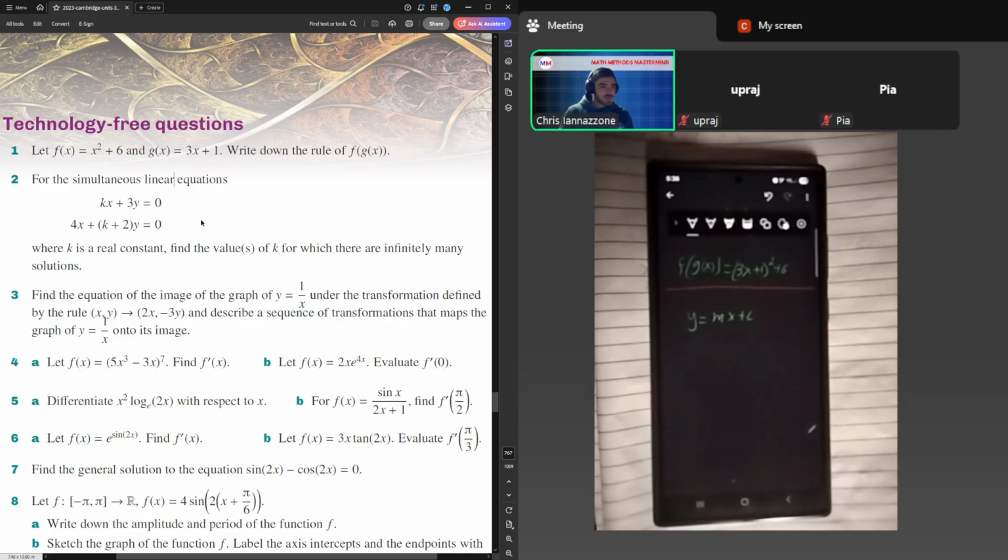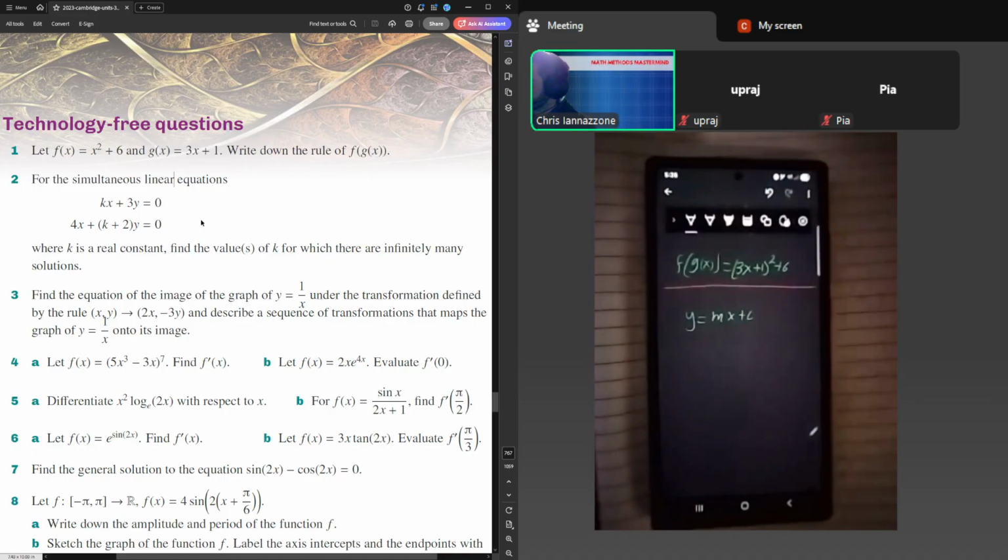So my preferred approach is to start by rewriting both of these into y equals mx plus c, and then comparing each copy of m and c together to figure out what it would take to make them identical. That applies whether you do infinite solutions, no solutions, or one solution. It's always the same thing. Start with y equals mx plus c, and then figure out m and c to get what we're trying to get, which in this case is identical, so we try to make them identical.